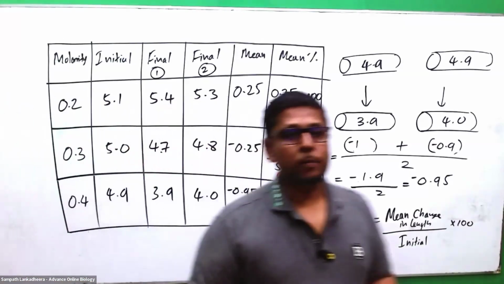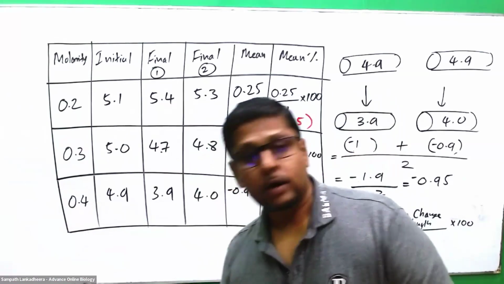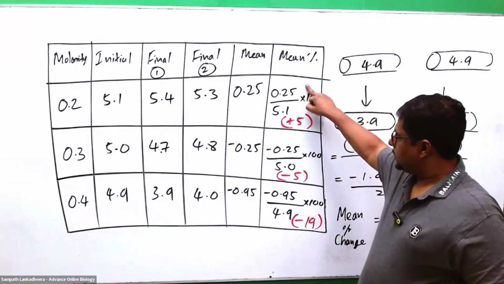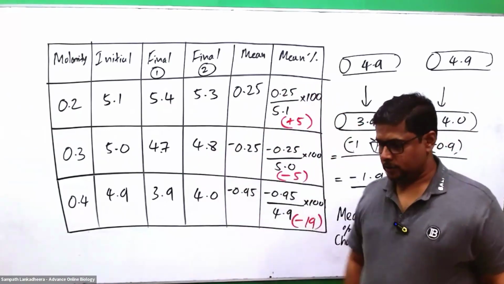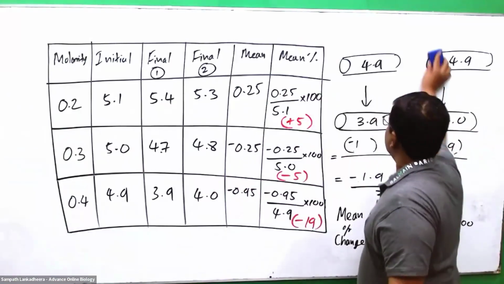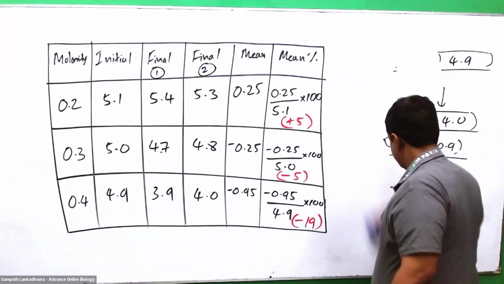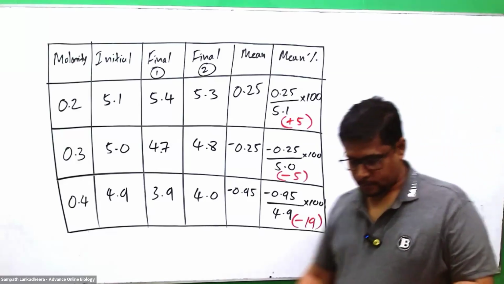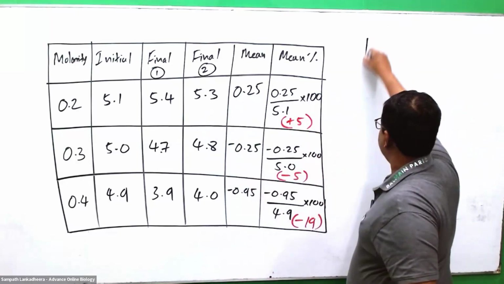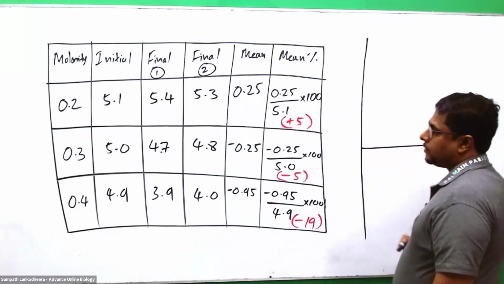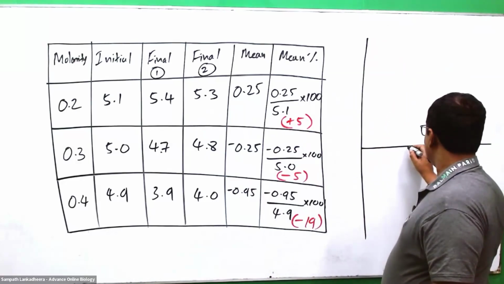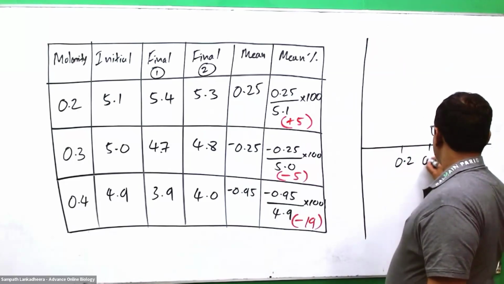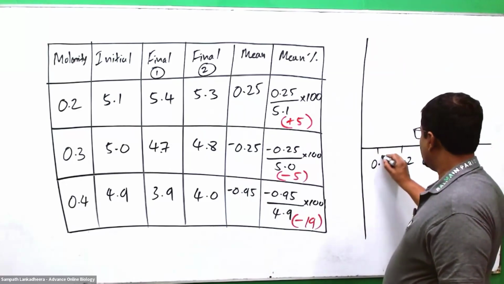Now you have to plot the graph. How do you plot it? Mean percentage change in length versus concentration. This side is concentration: 0.1, 0.2, 0.3, 0.4.